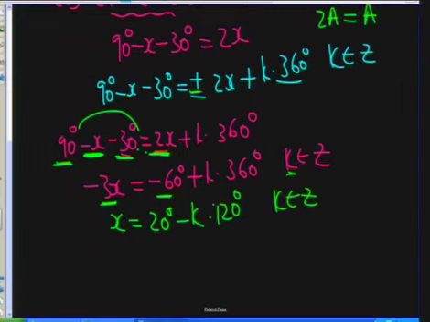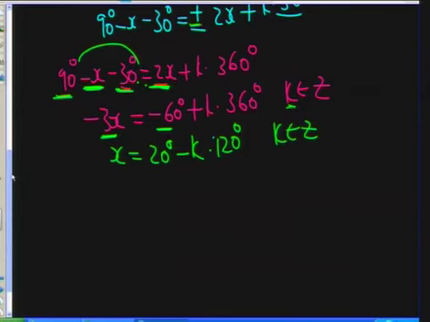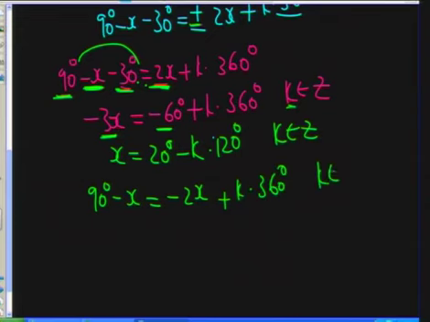Let's do the one with the negative. You see the one with the negative is 90 minus x is equals to minus 2x plus k times 360. K is an element of an integer also. What can I do in this case?